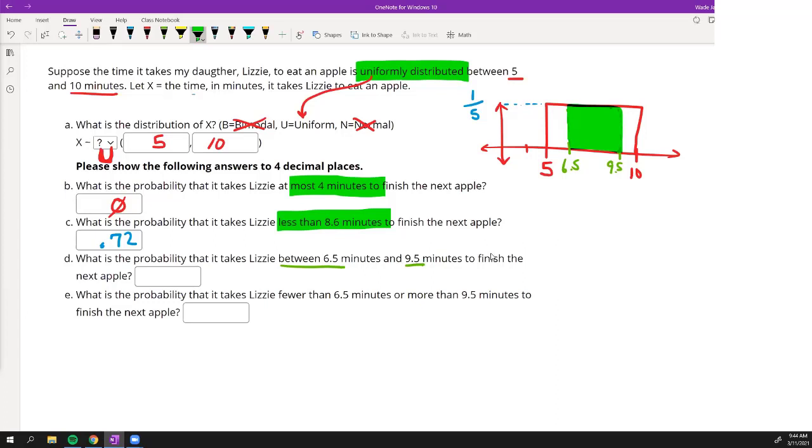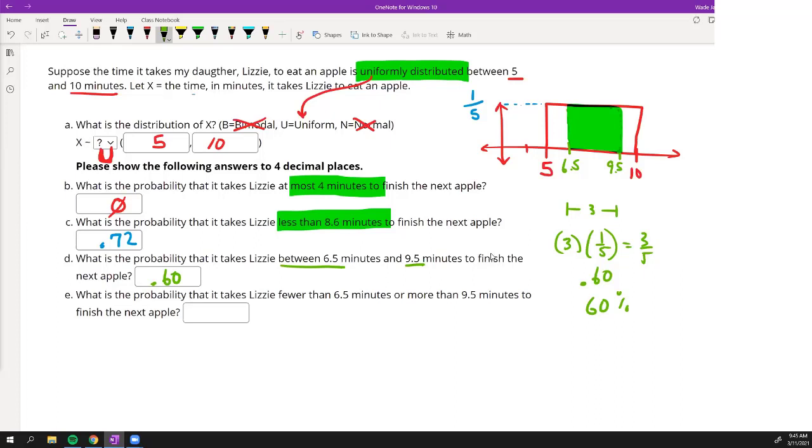Again, we need to find the base. In this case, our base is going to be 3 units, and our height, once again, does not change. So it's going to be 3 times 1/5, which is 3/5, is 0.60, which is 60%. So there's a 60% probability that it will take Lizzie between 6.5 and 9.5 minutes to finish eating the apple.